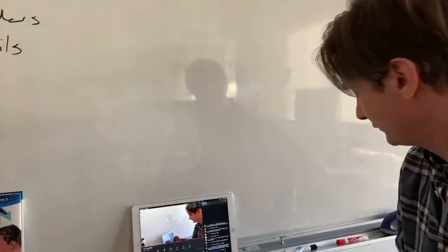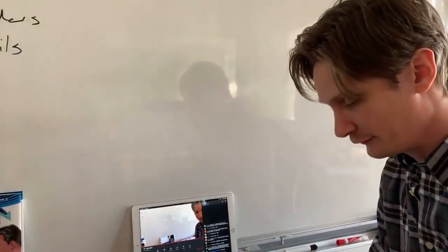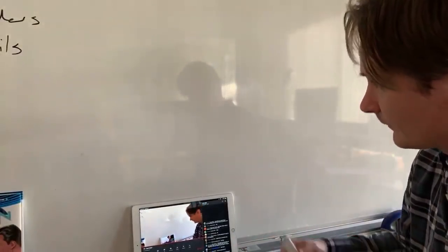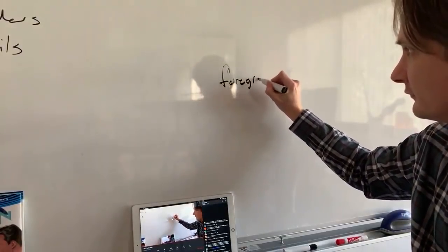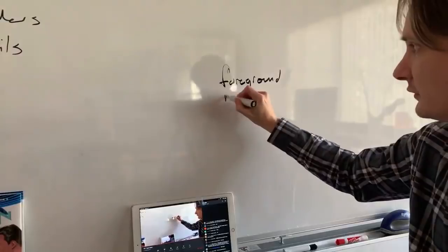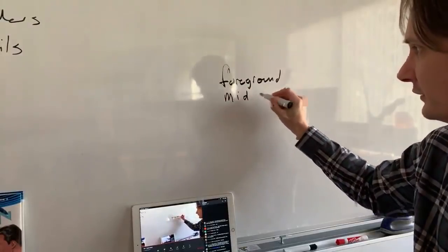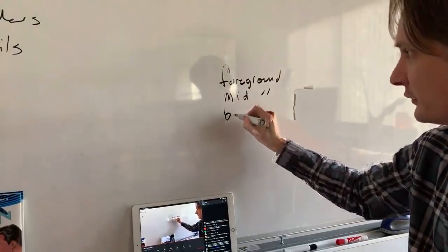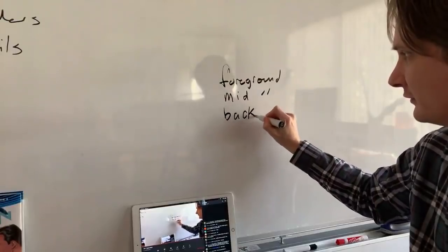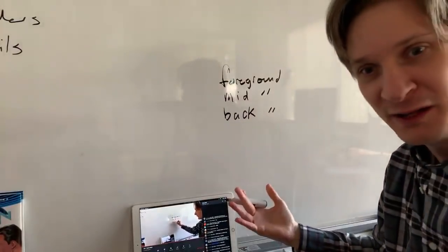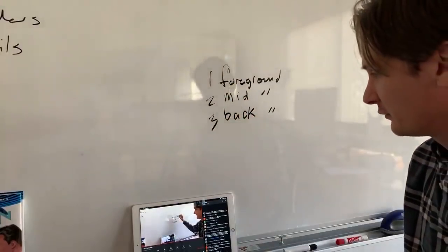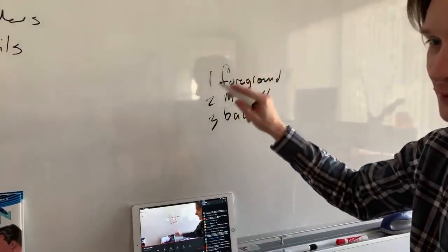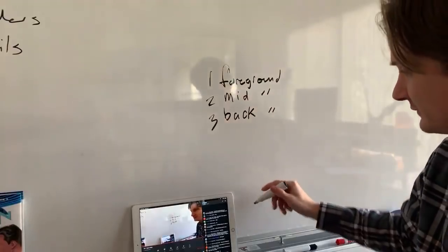I'll do a real brief answer on that since you asked me right up front. Foreground, midground, and of course, a background. 1, 2, 3. You kind of need all three of these things, and you can use illusion to accomplish this.